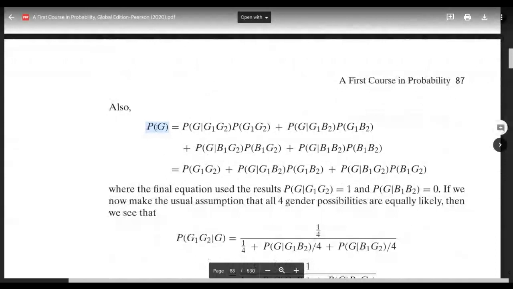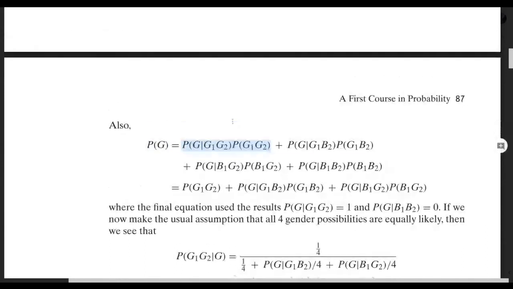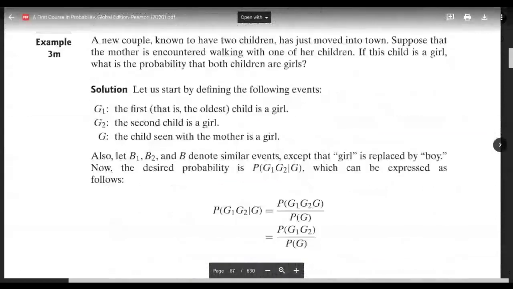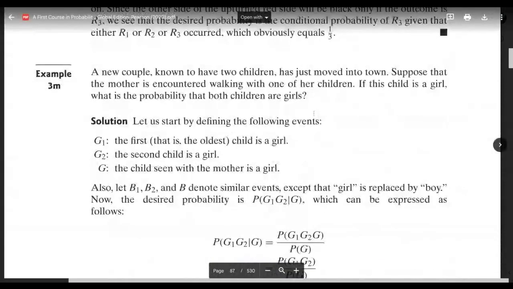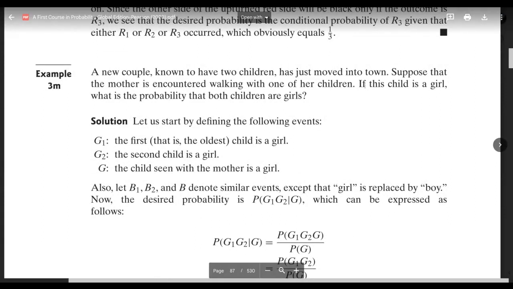So the probability that the one being seen is a girl, let's see, there are several cases. Are we given that the first one is a girl? The mother is encountered walking with one of her children.